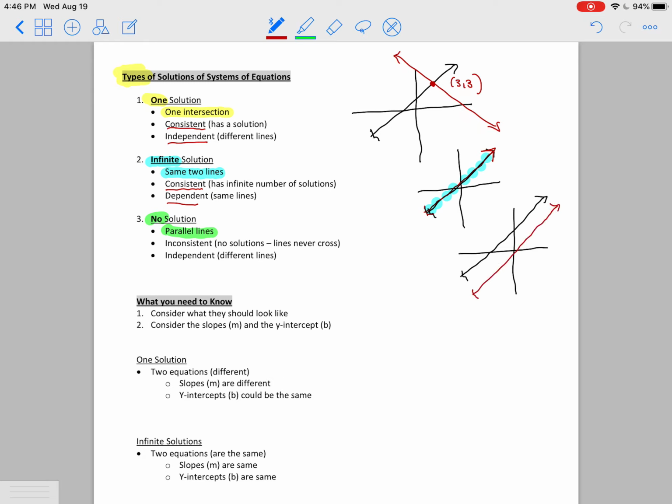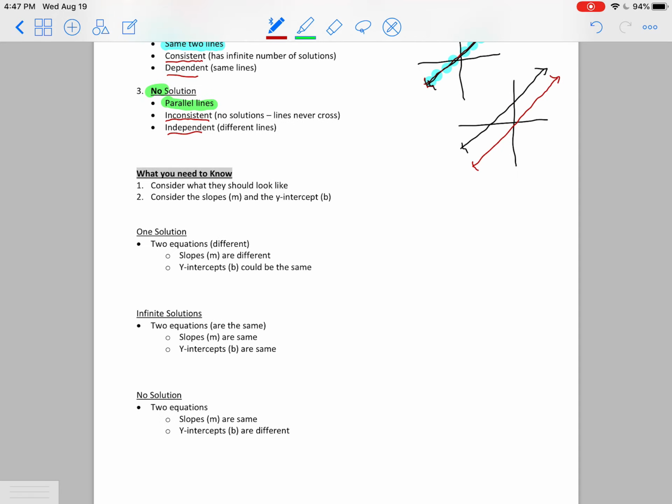So if we come back up here to this idea of the solution to a system of equations being the point of intersection, well, parallel lines don't ever intersect. Therefore, it is an inconsistent system. There is no solution, and they're different lines, so it's independent. So that's how we talk about the two ideas of inconsistent, consistent, and dependent versus independent.